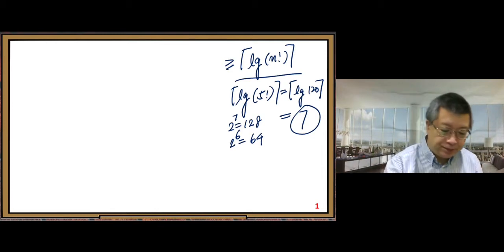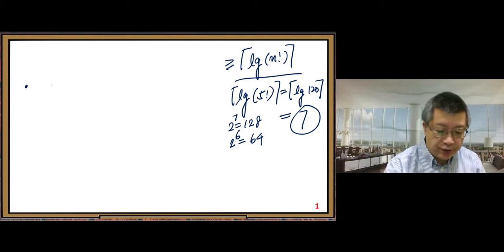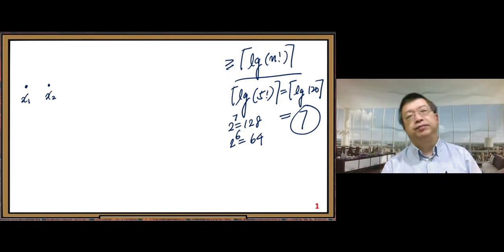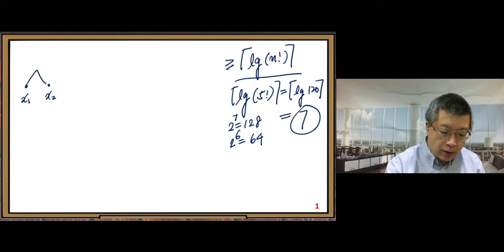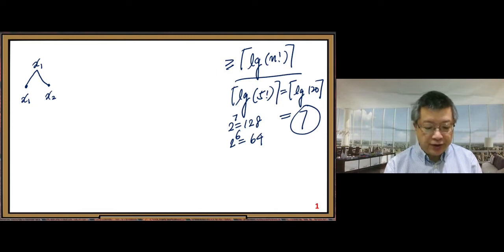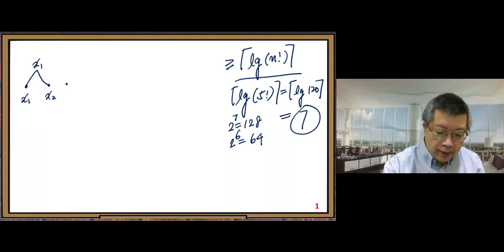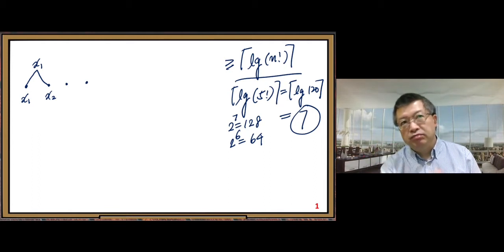5-element. The first part is relatively easy. We do this kind of comparison: we compare X1 and X2, and we assume X1 is the winner, X1 greater than X2. We make this assumption to make our discussion simpler.